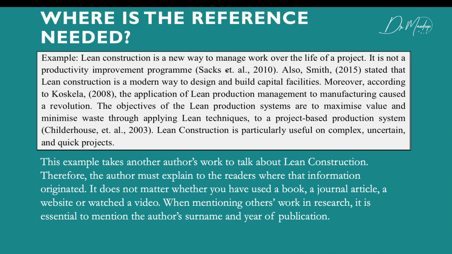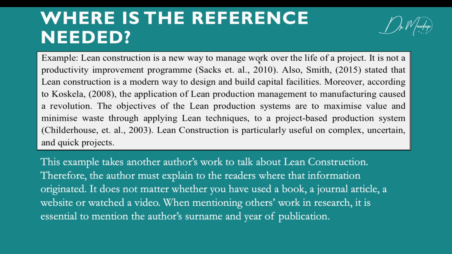In the other sentence, Smith 2015 stated that lean construction is a modern way to design and build capital facilities. That is fine as well. But to start an argument, this only provides 1 citation to 1 view. Sachs' view is that lean construction is a new way to manage work, which is fine, but how can we rely on just 1 source of information?